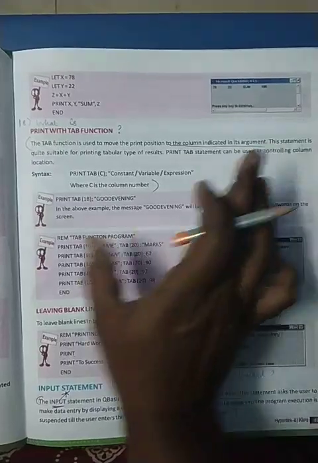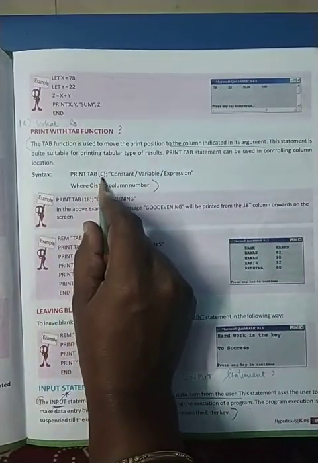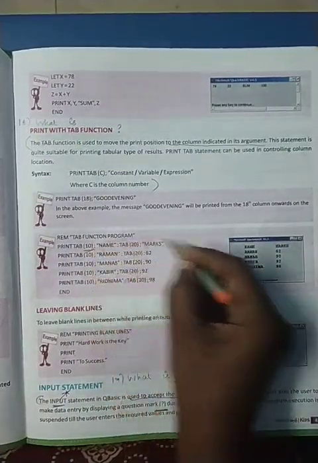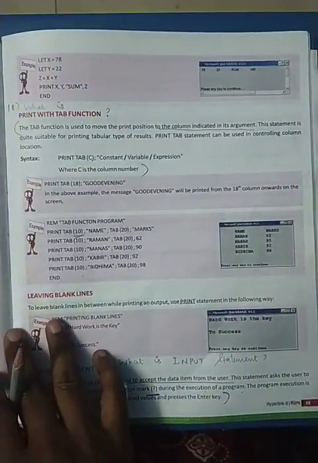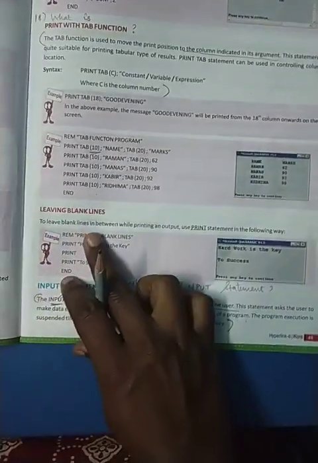You will be pushing the print position till there. Print tab, and in the bracket you can give which column you want. If it is 10, it will print in the 10th column. Okay. Now, what about blank lines? For blank lines I will just write print, without anything. So this will leave a blank line.